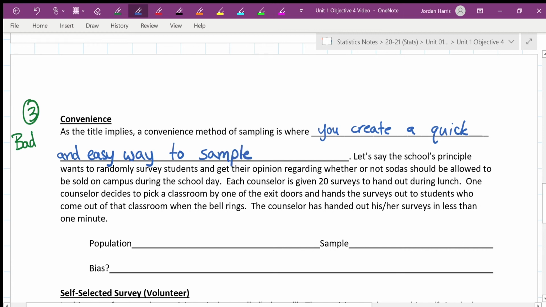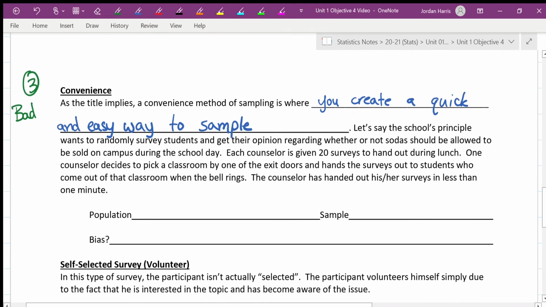Okay, so an example of this is a school principal wants to randomly survey students whether or not soda should be allowed to be sold on campus. Each counselor is given 20 surveys to hand out during lunch. One counselor decides to pick a classroom by one of the exit doors and hands the surveys out to the students who come out of that classroom when the bell rings. Okay, the counselor has handed out his or her survey in less than 1 minute.